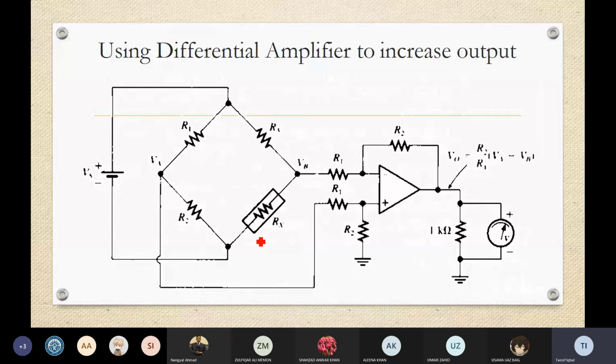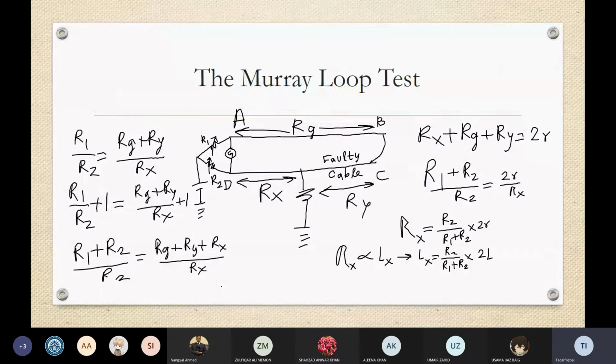So this is the same differential amplifier using the same bridge. And the benefit of this kind of balanced resistive bridge is that practically we may locate faults in broken cables, in faulty cables, using the Murray loop test.